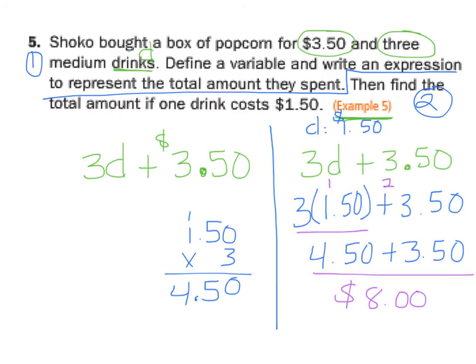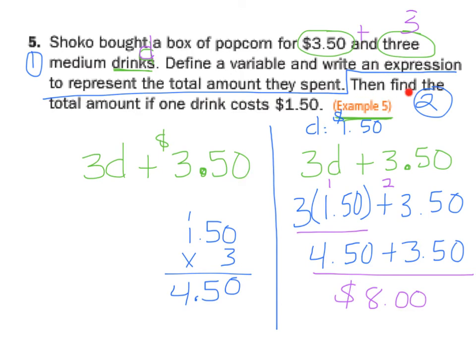Okay, so what you should have found, Shako bought a box of popcorn for $3.50. And that word A up here means we only bought one. And there's our addition sign, I forgot to label that. 3 medium drinks. So I chose D for my variable to represent the drinks. And now the expression is I'm going to take the price of the drinks times 3, and I'd add it to my $3.50 I spent on popcorn.